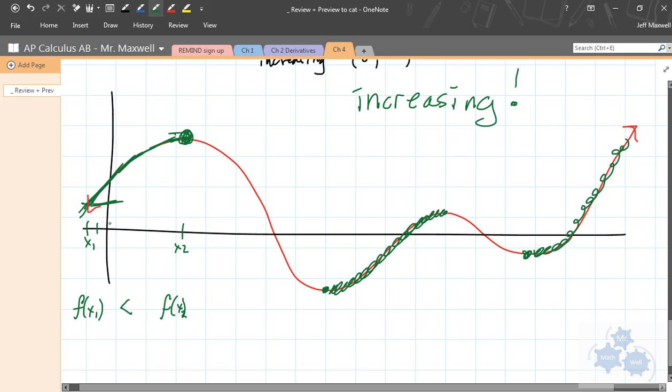And for each successive x value, this one is smaller than this one, which is smaller than this one, which is smaller than this one, and so on. See? They keep getting bigger. So this is happening, that's increasing. And of course the opposite is true for these other ones. This is decreasing and decreasing.